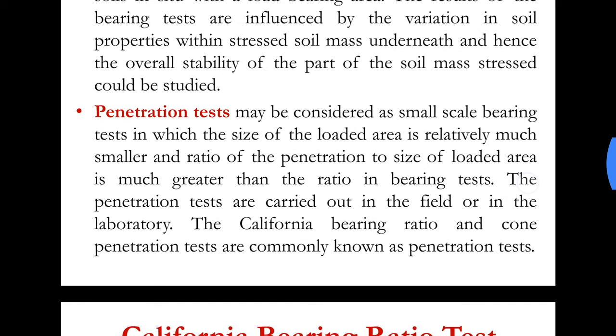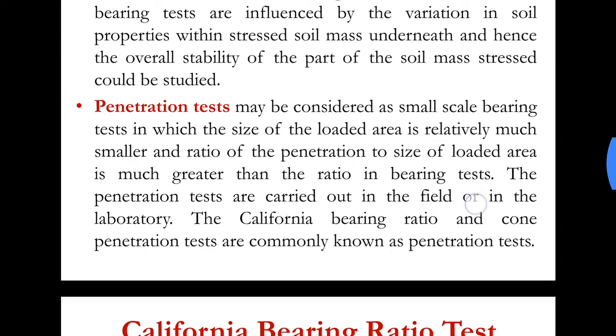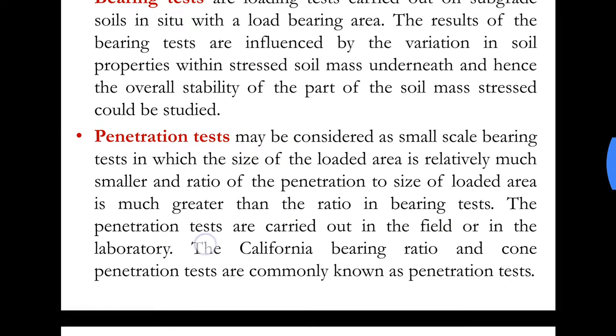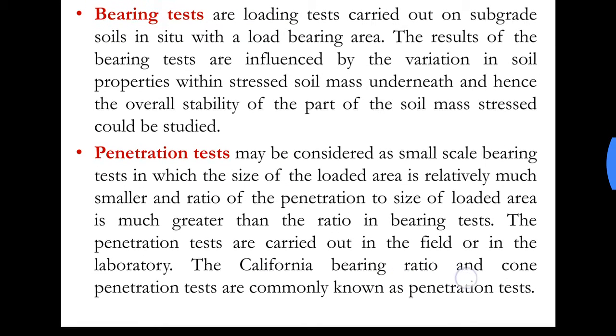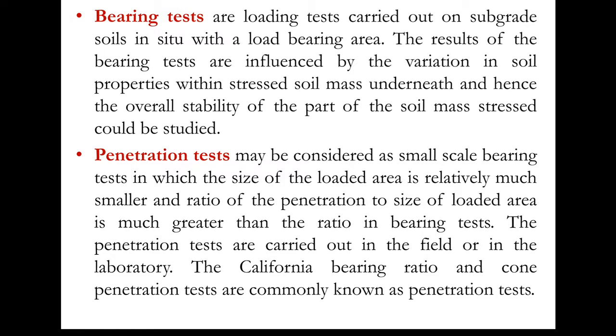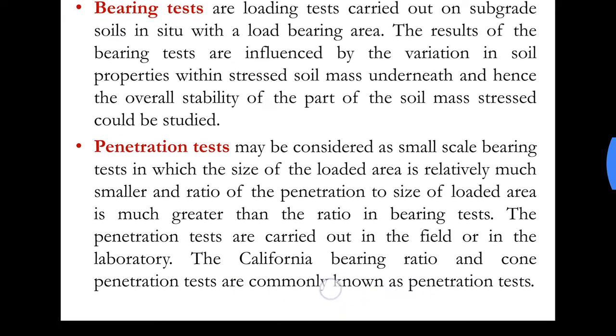The penetration tests are carried out in the field or in the laboratory. Here we have a choice. These type of tests can either be carried out at field or in a laboratory. The California bearing ratio test and the cone penetration tests are commonly known as penetration tests.